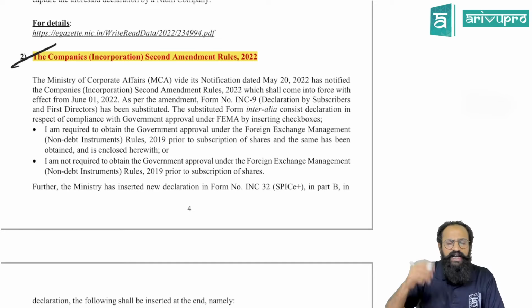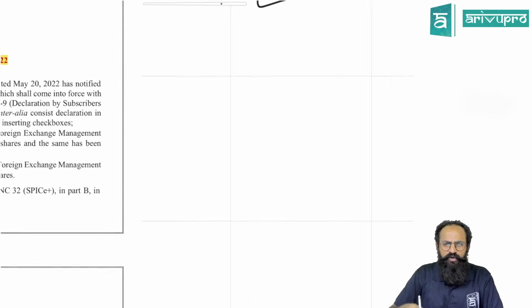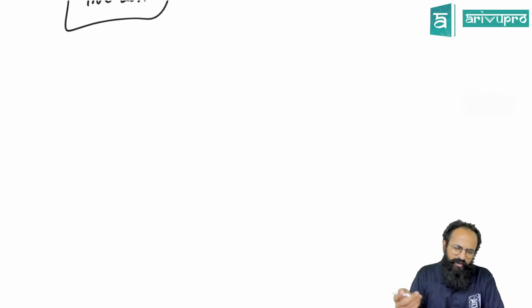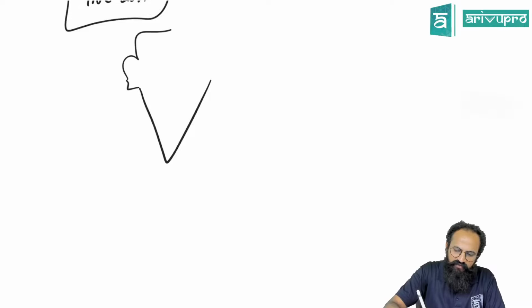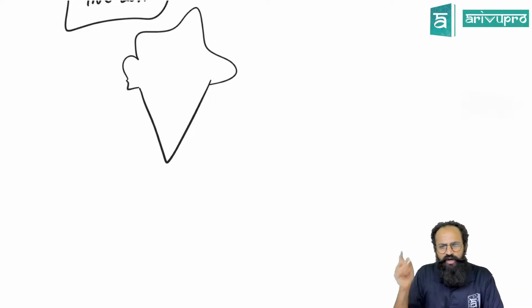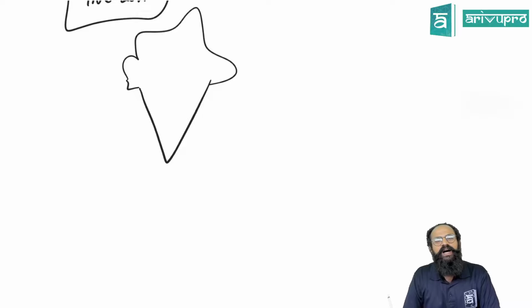The next one, I have told you in the company law amendments only. If you are watching directly setting up, then what is this? Whichever country shares land border with India, we have already done this in the previous amendment.